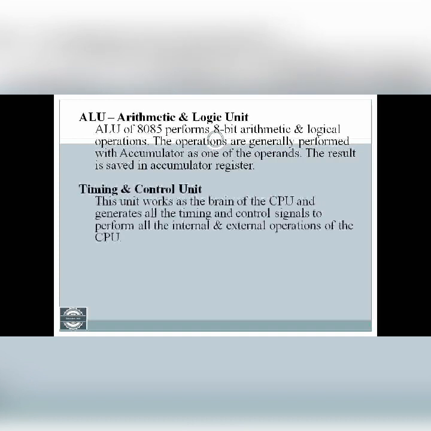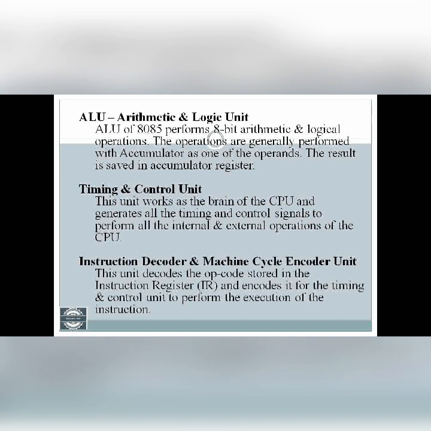Now we have to discuss something regarding the ALU. The 8085 ALU performs 8-bit arithmetic and logical operations. The timing and control unit is the brain of the CPU and generates all the timing and control signals to perform all internal and external operations of the CPU.